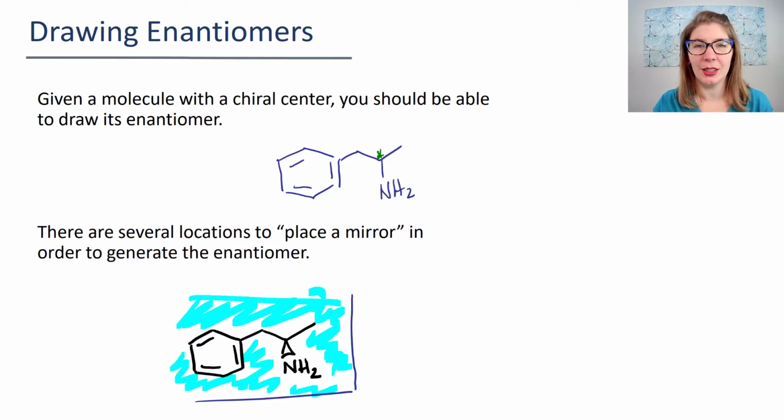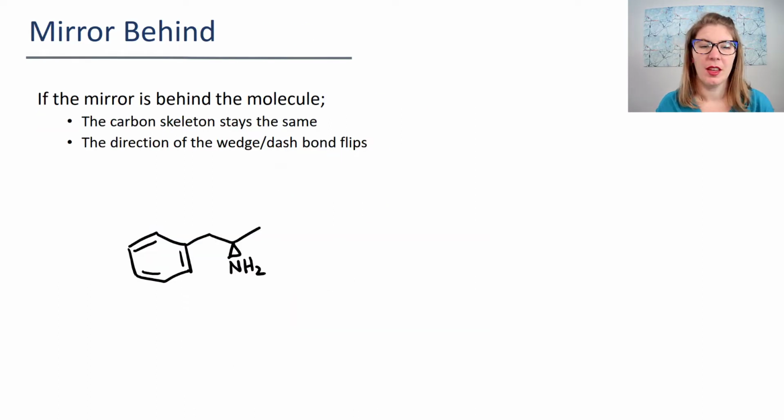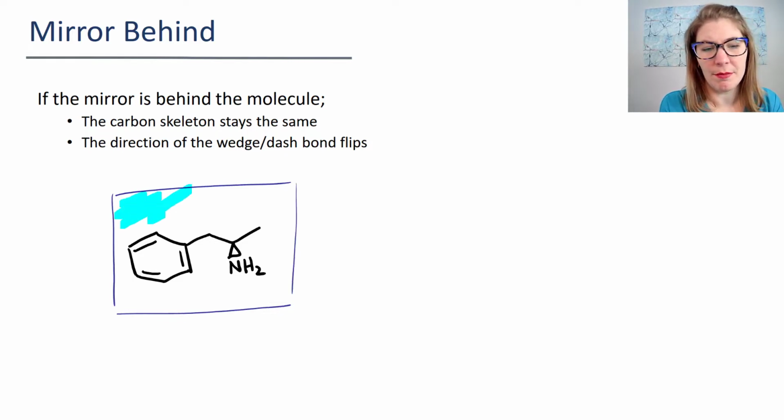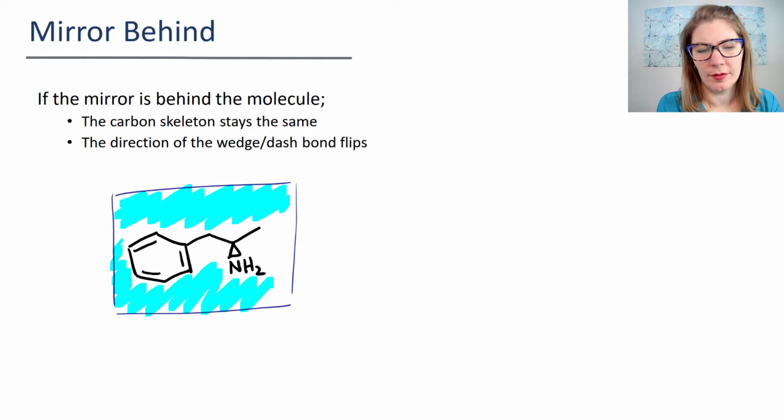Let's look at the locations where we can put the mirror and show how we would start with this molecule and how we would get its enantiomer. Let's pretend that we've drawn a mirror behind this molecule. So I'm going to draw in just kind of like a box and then remind you that the mirror is behind this molecule.